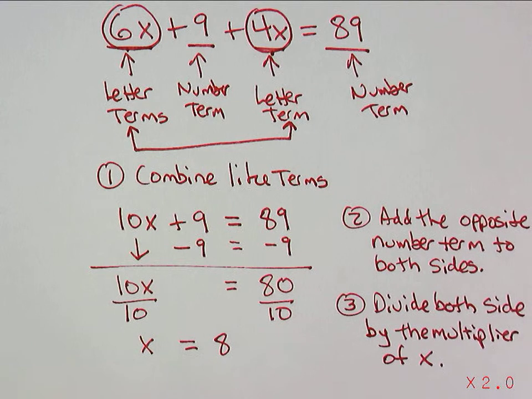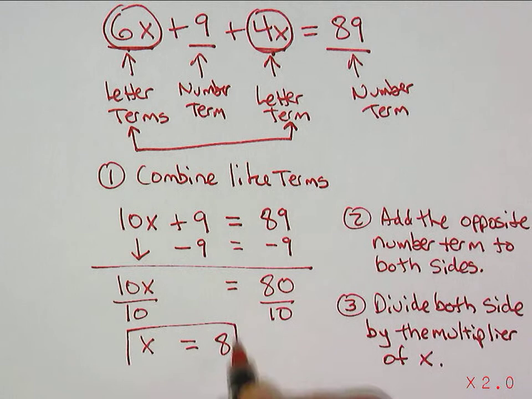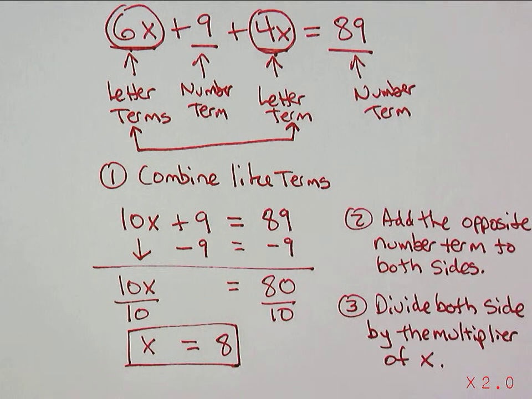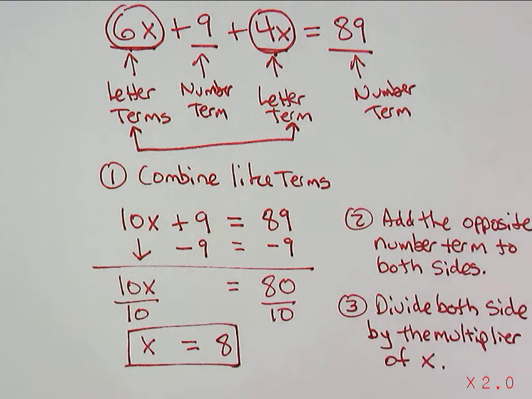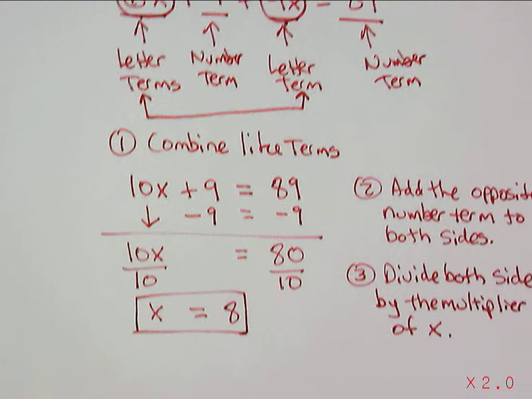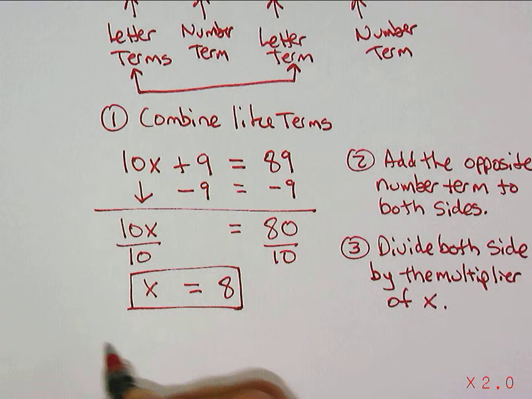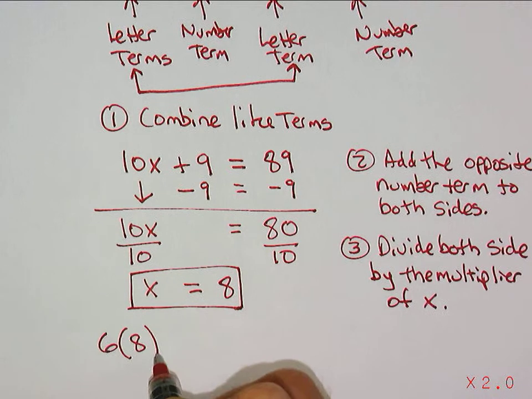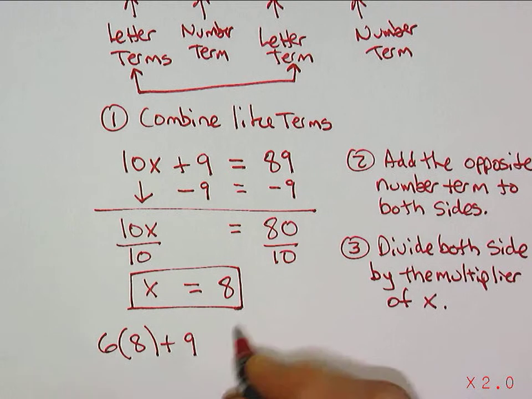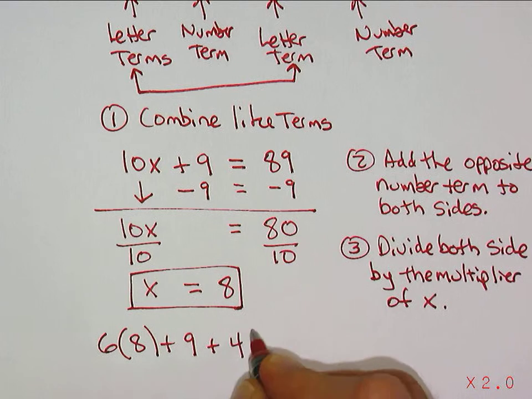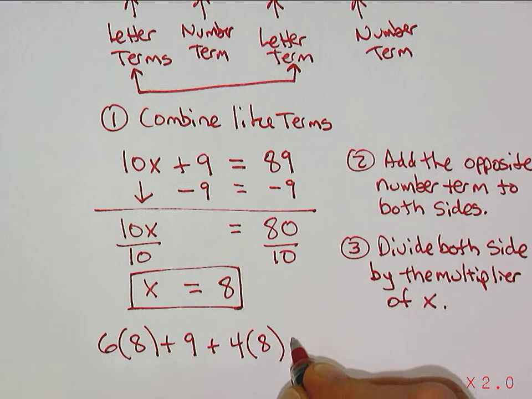And as with any of these problems, if I have solved for x, then I should be able to check it. I should be able to put that 8 back in to this problem and get the same solution. So I should be able to do 6 times 8 plus 9 plus 4 times 8, and that all should equal 89 if I calculate it out.